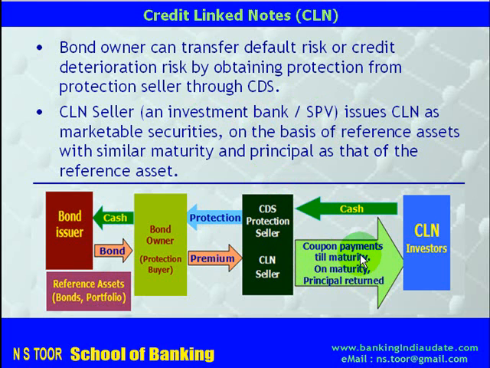And this marketable security, that is CLN, is purchased by the CLN investors. And the reference asset is used as an underlying to issue this security. The maturity period and principal of CLN almost match the reference asset.